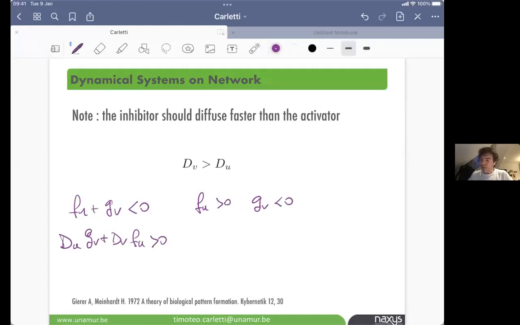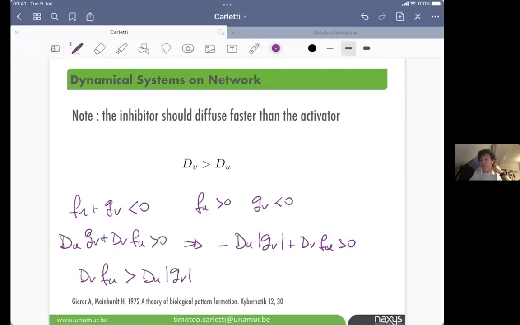This one can be written as minus Du absolute value of GV plus Dv FU positive. So this means that Dv FU is larger than Du absolute value of GV.